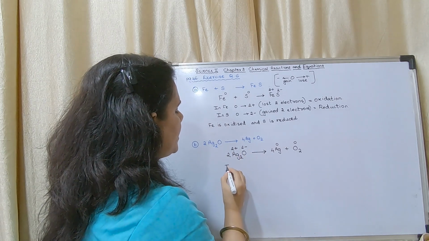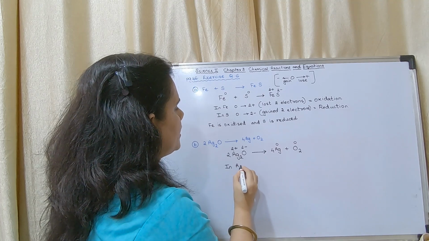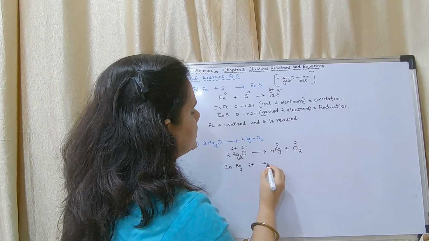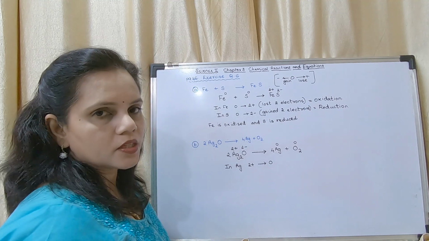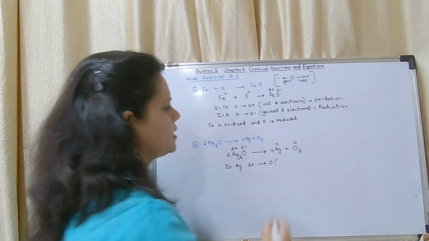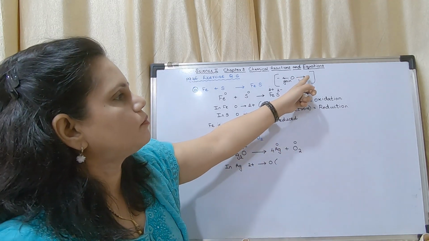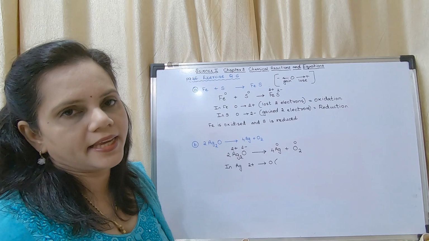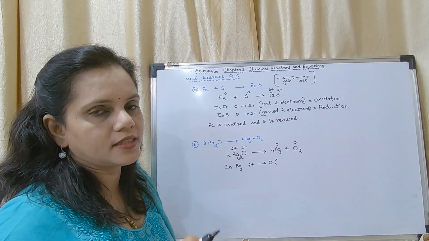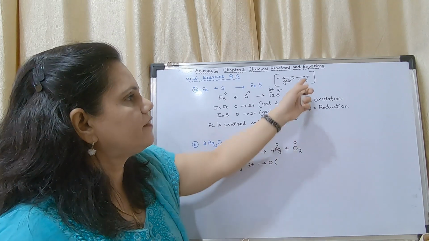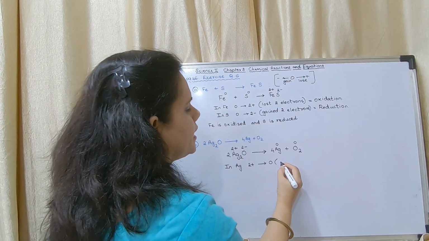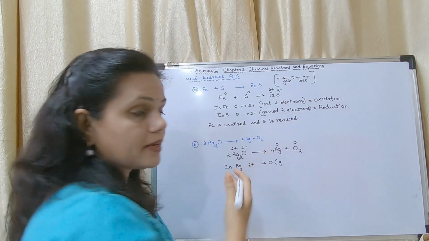So in Ag, you may see what is happening, 2 plus is getting converted into 0. So if it has to come from plus to 0, it has to gain. If it has to go leftwards, it has to gain. If it has to go rightwards, it has to lose. Why did it become plus?